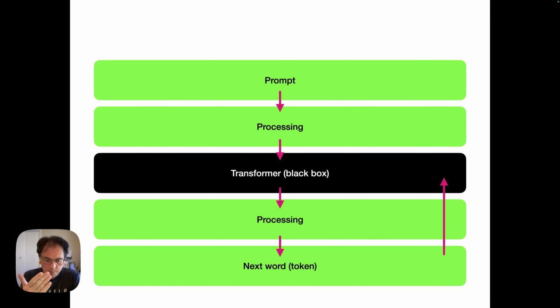Something goes in, something comes out, and we focus instead on the stuff that happens before the transformer and after the transformer. I think that makes a lot more sense to learn it that way. And in a future video, one that I haven't recorded yet, we can go into the transformer again if people are interested in that.